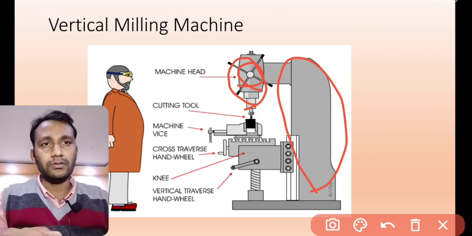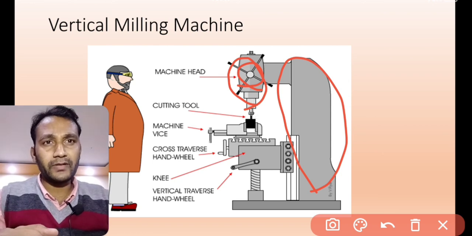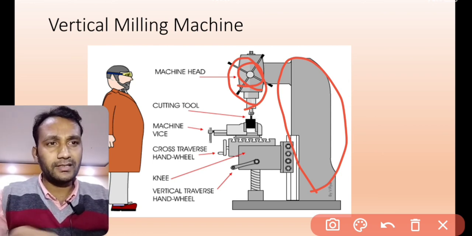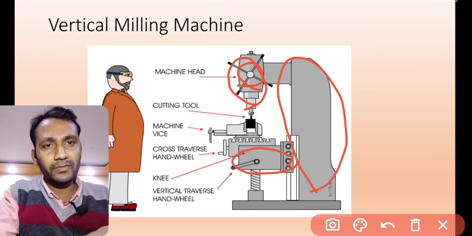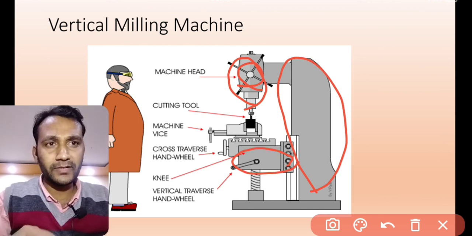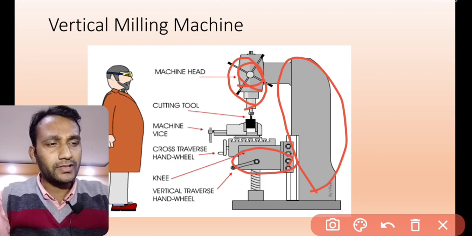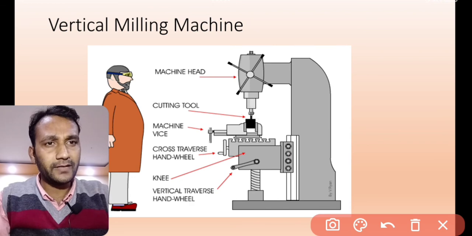A lot of operations can be performed on this vertical milling machine. The other components you can also see. This is the knee, there is also a knee, but it is a bit different from the column and knee type machine. There is a lot of similarity between the two, but there are some differences also. You can see the differences in the diagram as well.